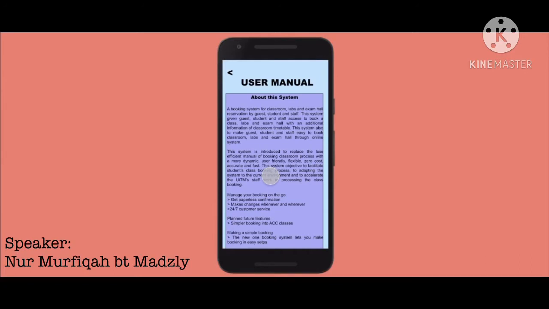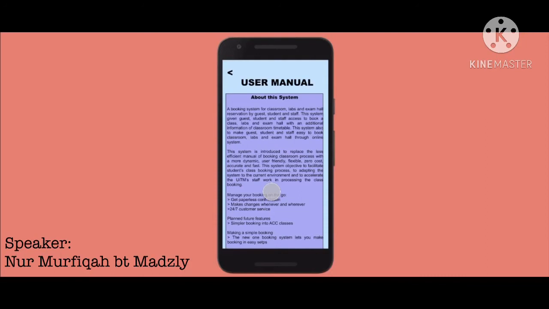This system gives guests, students, and staff access to book a class, lab, and exam hall with additional information of the classroom timetable. It also makes it easy to book through an online system.